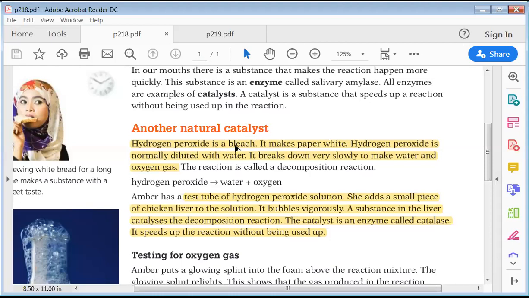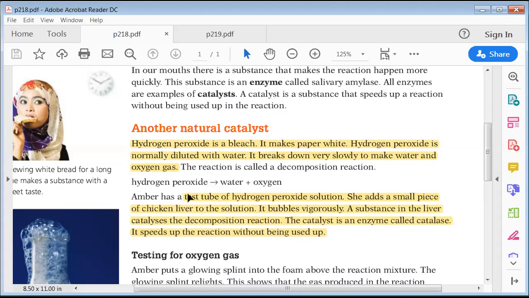Hydrogen peroxide is a bleach, which we can use for whitening, so it makes paper white. Hydrogen peroxide is normally diluted with water. It breaks down very slowly to make water and oxygen gas. If you kept hydrogen peroxide out, okay?